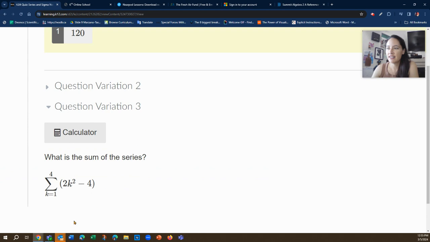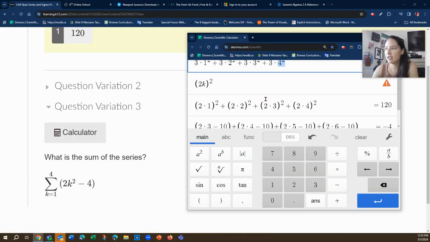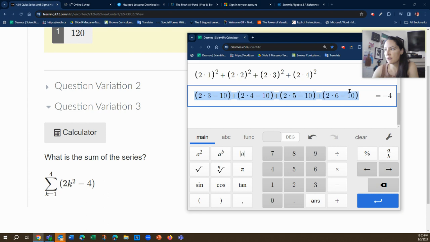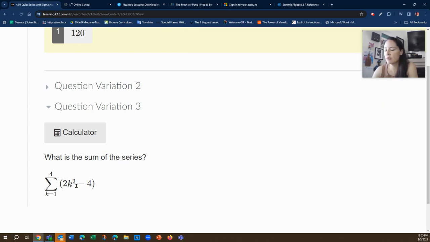And then finally, this variation. Okay, that's all written out. Oh no, this one is different. We'll look at a different one. So how would you do this one? Again, you're just going to start at 1 and each time plug it in. So you'll have 2 times 1 squared minus 4. That's that one.